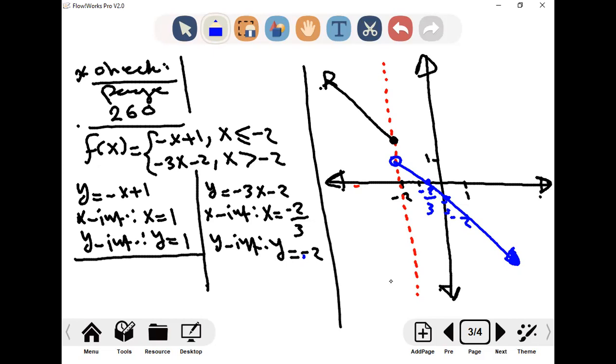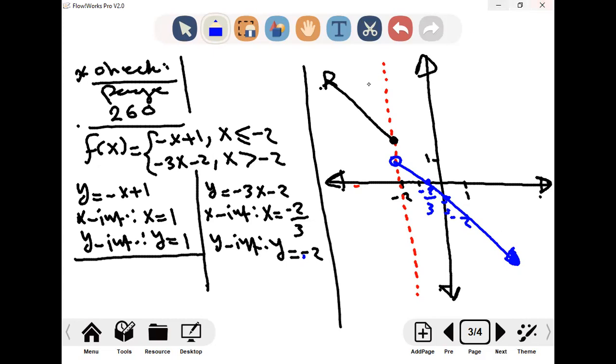Now, what is the domain and the range? If you want the x-intercept, you put y equals 0 and find x.